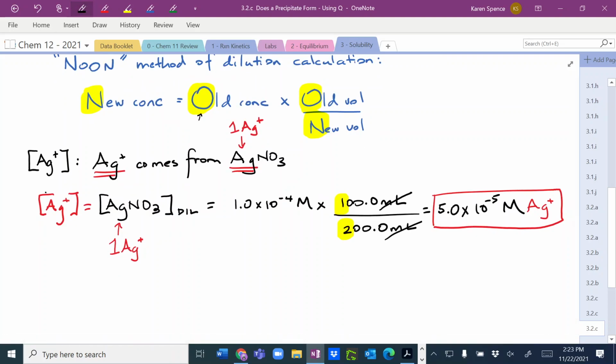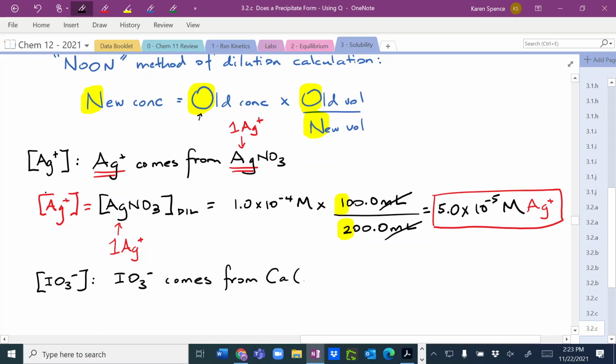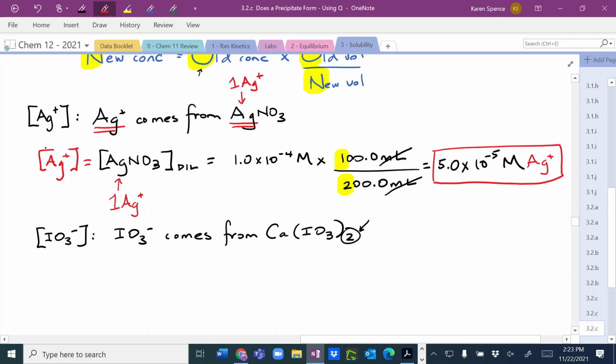The other ion we want to deal with is iodate. Where does the iodate come from? It comes from calcium iodate. It's going to be doubled. So we're going to keep this little 2 in mind as we travel through this question. But before we do that, I'm just going to find my concentration of calcium iodate diluted.